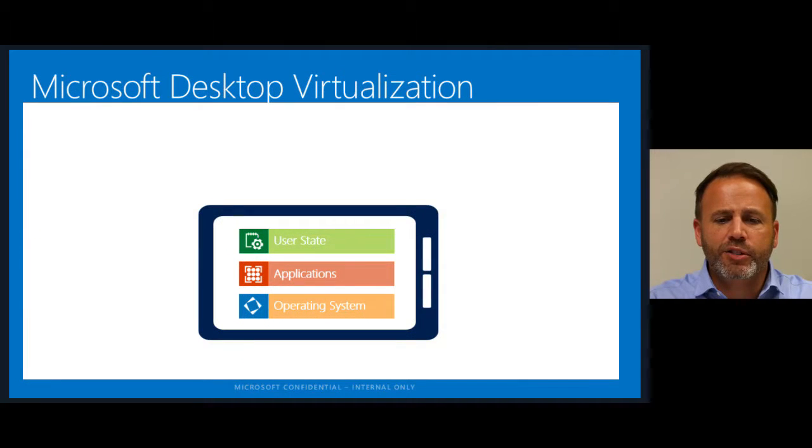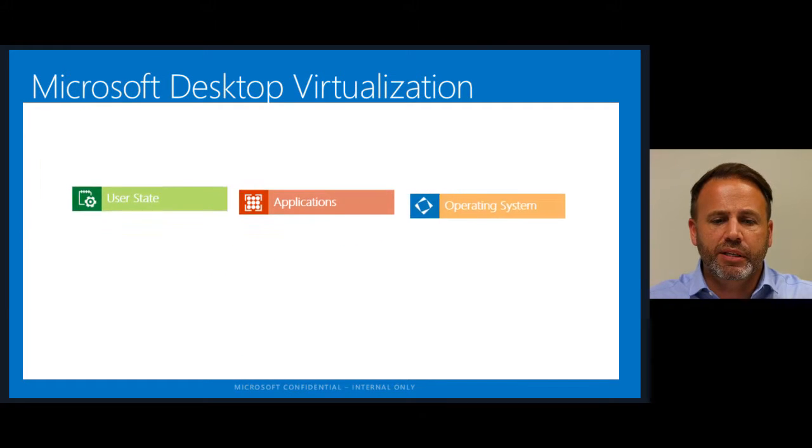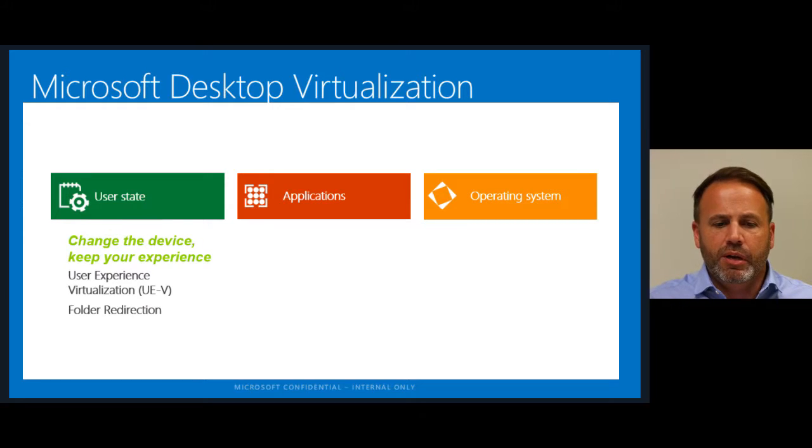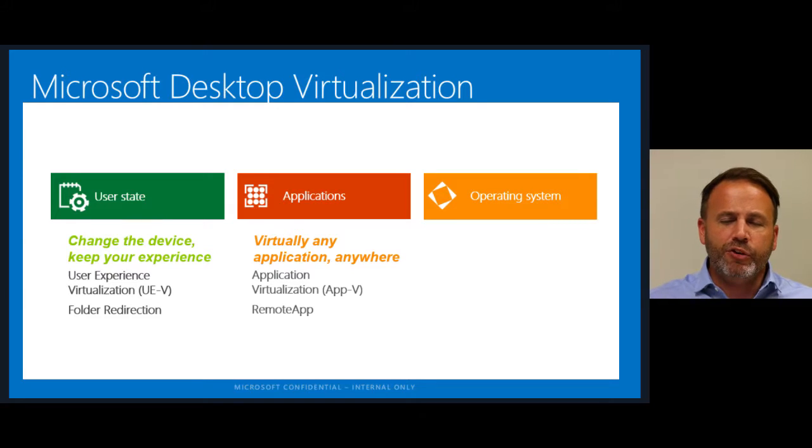All right, so Microsoft Desktop Virtualization basically takes the user state, applications, and the operating system and puts them all together. So what's neat about this is that the user experience can be changed relatively quickly, and you can have folder redirection. Within your applications, you can basically have your applications anywhere, anytime, and be able to utilize RemoteApp into those.